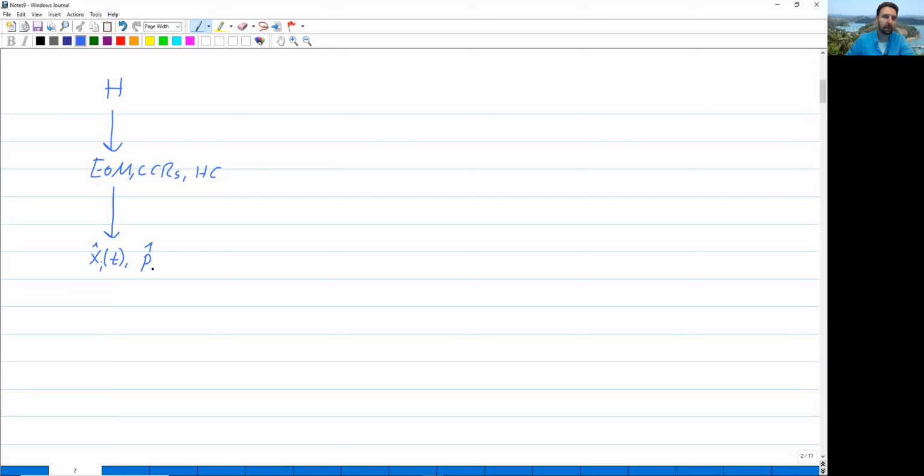This is the pi and the pij of t, etc. And of course, then all the polynomials f hat of x hat of t and p hat of t, and so on.